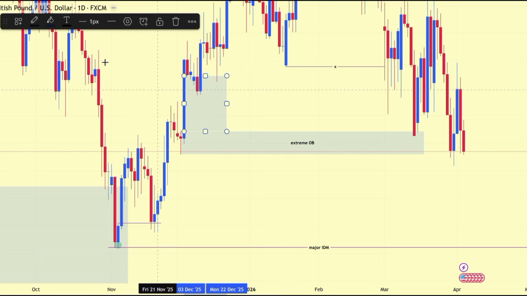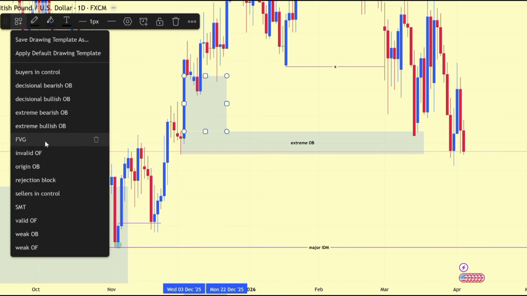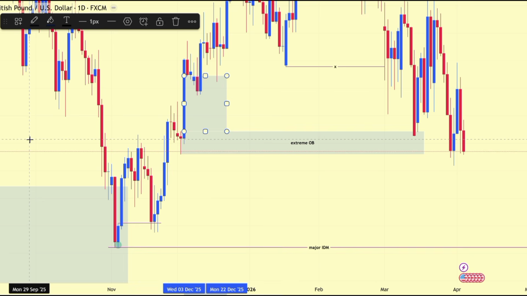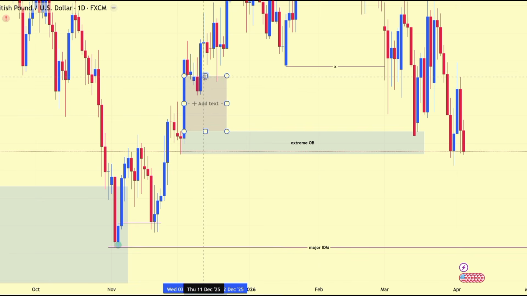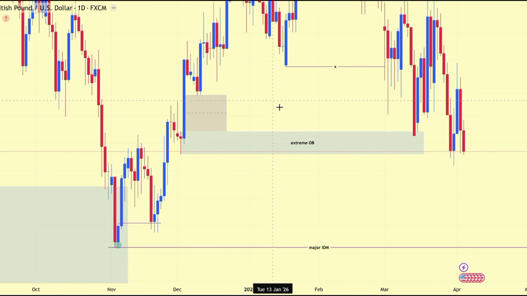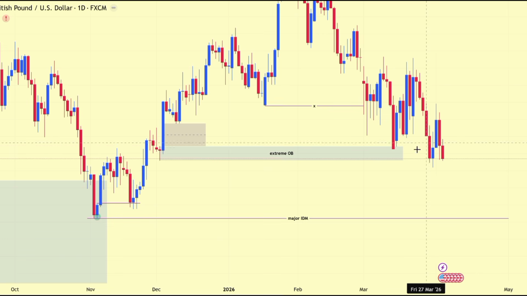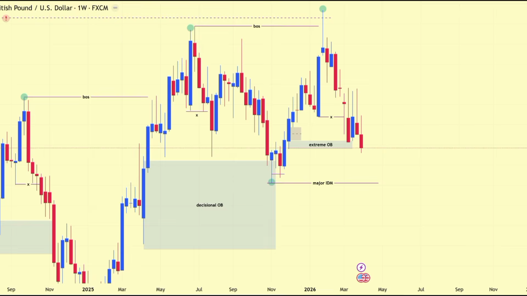Yes, it's mitigated, but just like we know the rules or the criteria of identifying an order block, as long as there is some imbalance left here, then the order block is still valid. So price mitigated this order block, gave that reaction, but as you can clearly see, price continues lower. So this means the sellers are still in control, and hopefully price will be respecting this rejection block.